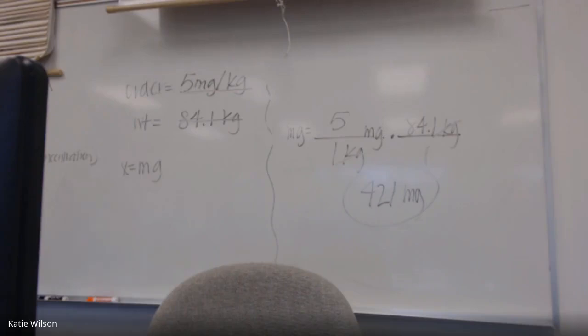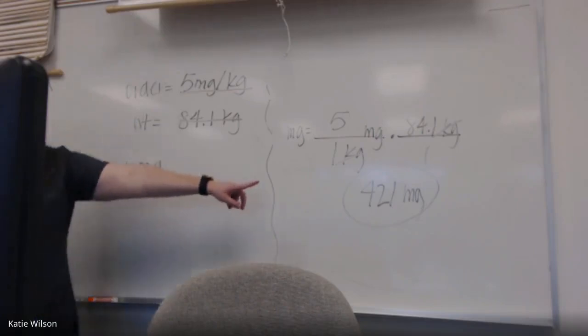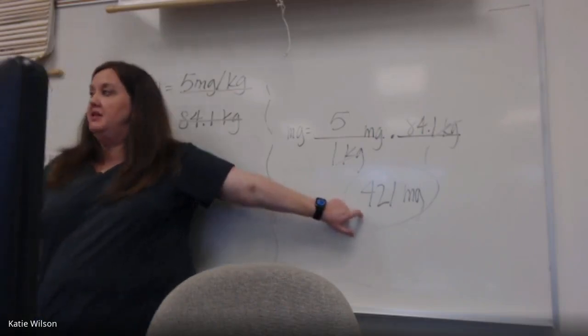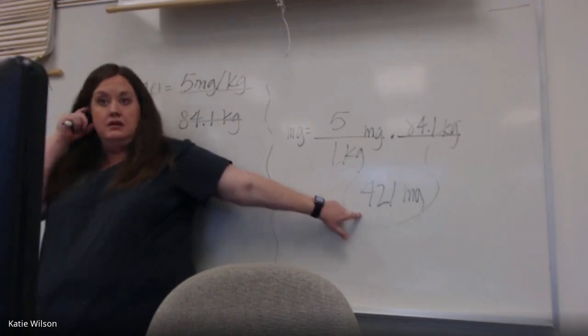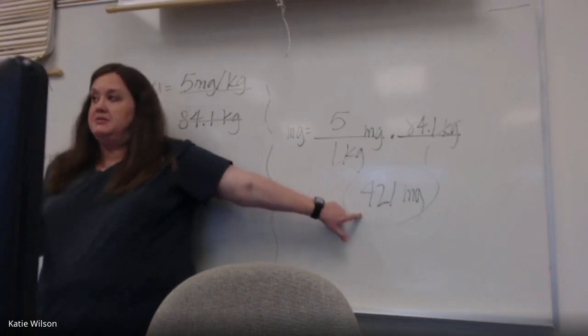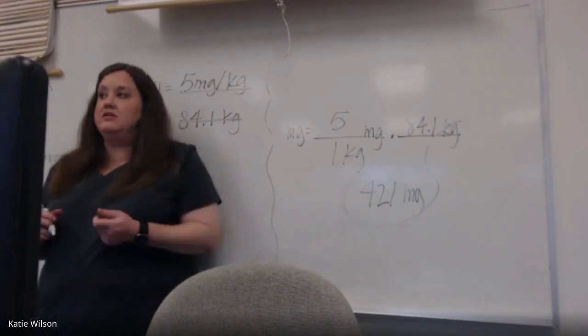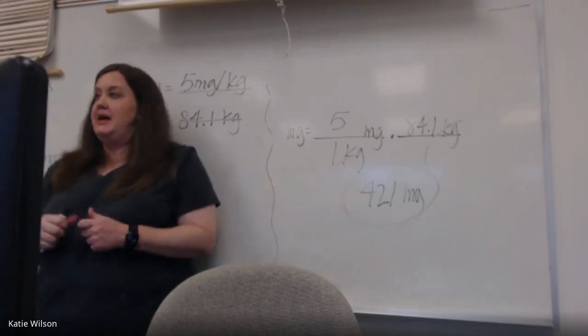So we already calculated based on the patient's weight. The doctor said you're going to give your patient 5 milligrams of medicine for every kilogram they weigh. And we determined that our patient would get 421 milligrams of medicine.